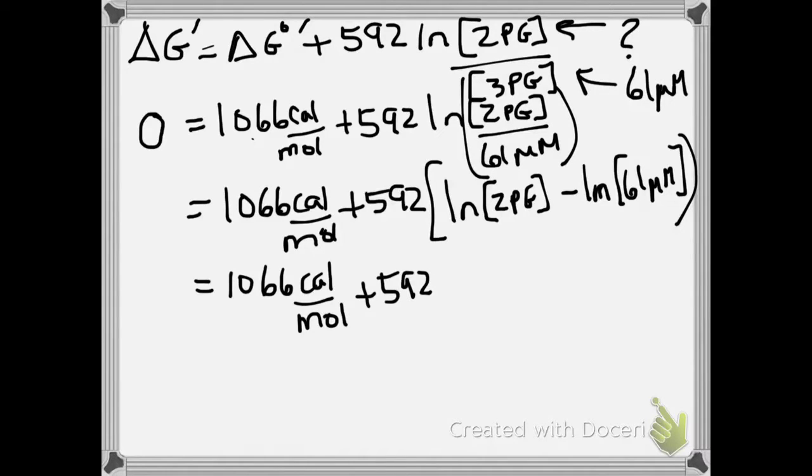Then this breaks down, we can do a little bit of math here. The natural log of 61 micromolar is going to be 4.11. We can start solving here, so we're going to subtract.